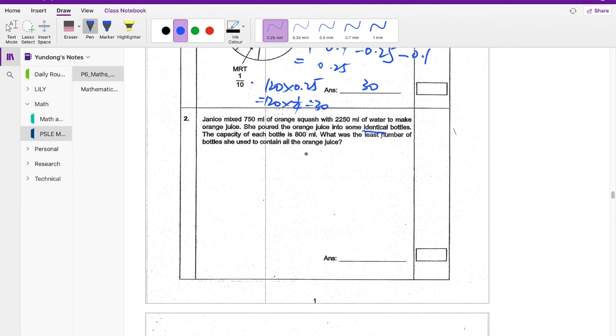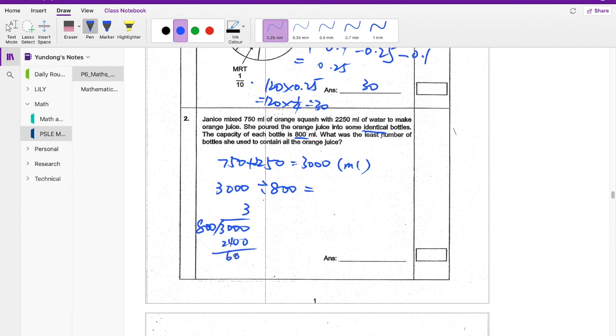Okay, let's see. This one is that we need to calculate the total amount first. So first, if you mix 750 with 2250, right, which is 3,000 ml of the orange juice, right? Then he will split 3,000 into bottles that each have 800. 3,000, if we divide by 800 equals 3, right?